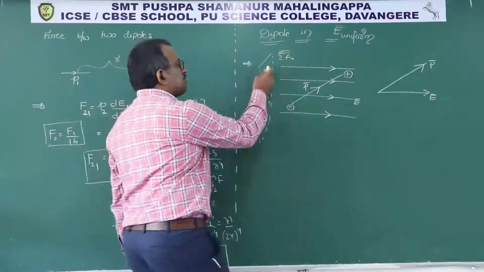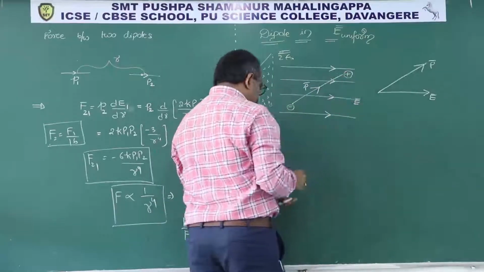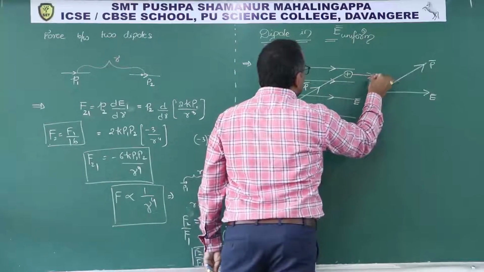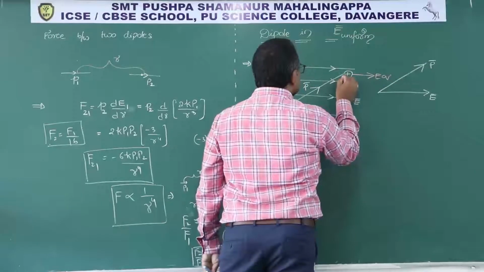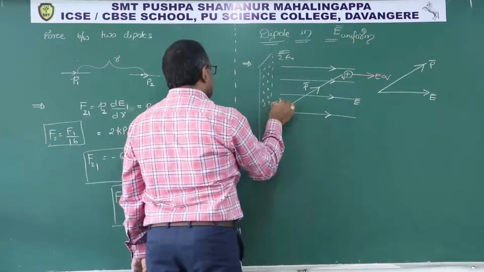This is positive. On this positive, because of this positive, repulsion will act. That repulsion will be like this, which is EQ. And similarly on this, attraction will happen, which is EQ.